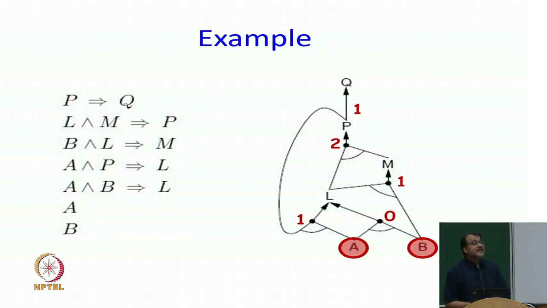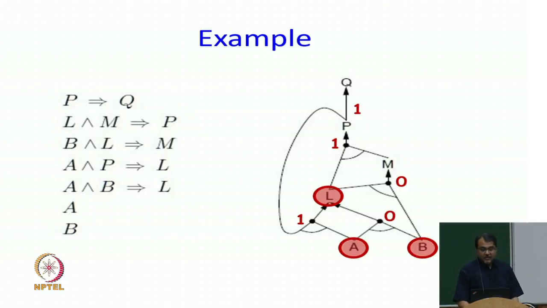Because both things of this antecedent are satisfied, now I can prove L. Because I can prove L, I put it in the queue. And I repeat this process. Now that I know L, I pop it from the queue, and I send messages out saying, I have been proven, now you check for yourself.